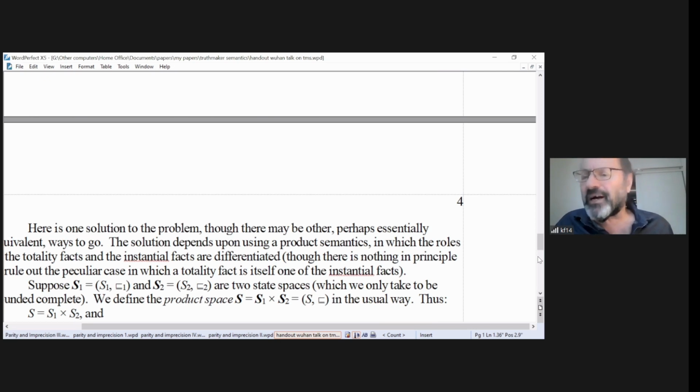the totality fact isn't just another fact that may be part of a truth maker. It's not just another fact. It's also telling you what the other truth makers should look like. In other words, if I have a totality fact within a truth maker, that's telling me that the other truth makers should concern the individuals in question.